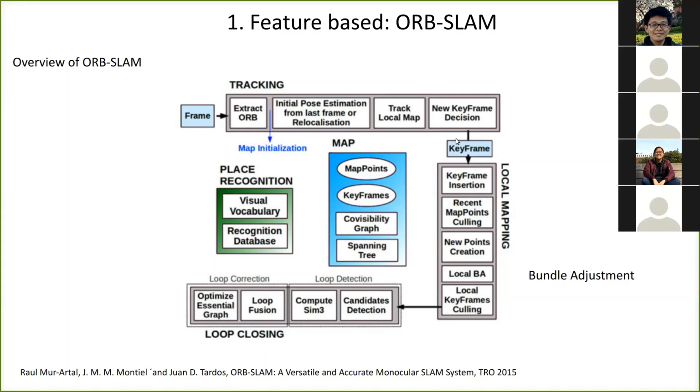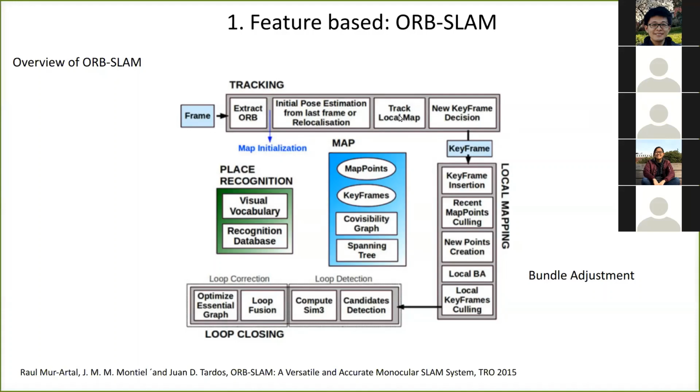This thread also consists of tracking the local map and the new keyframe decision, because we don't want to use every frame. We want to keep the computing concise. We just keep several frames, because if the frame rate of the camera is really high, there will be a lot of redundant frames. So we want to cut these redundant frames just to keep frames which show different scenes. This is called the keyframe.